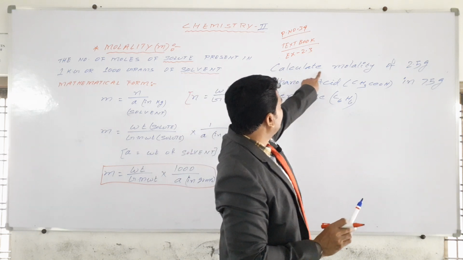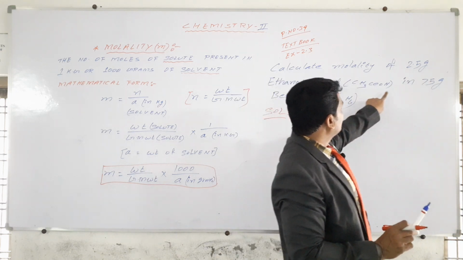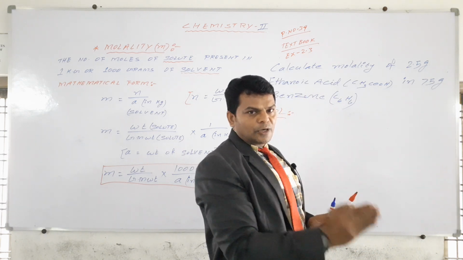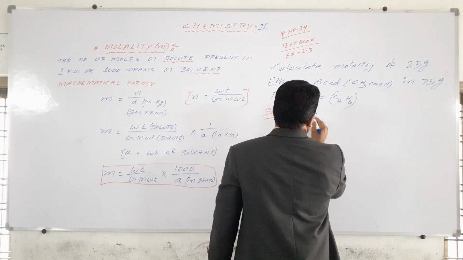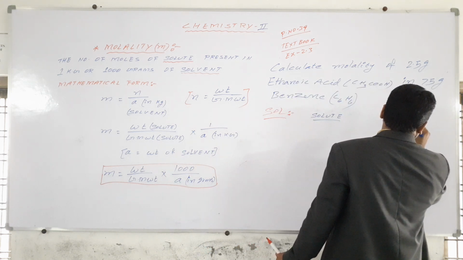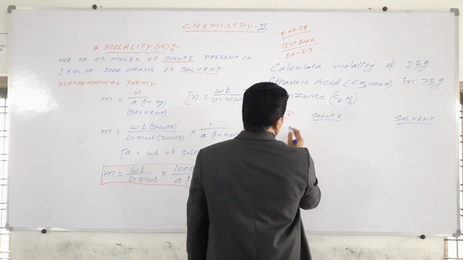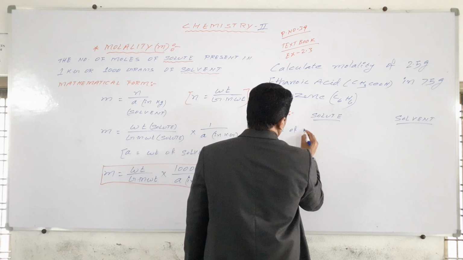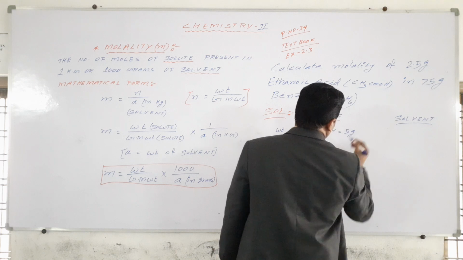Solution: calculate molality of 2.5 grams of ethanoic acid in 75 grams of benzene. Here you have to know what is a solute and what is a solvent. Solute is nothing but ethanoic acid. Weight of CH3COOH is 5 grams.